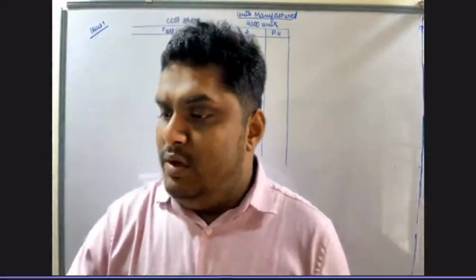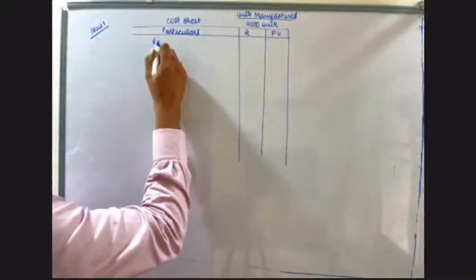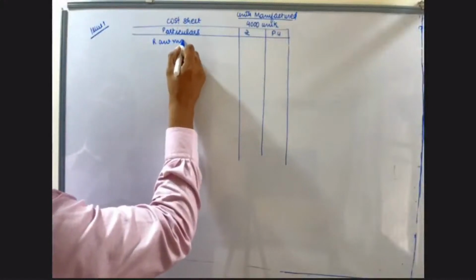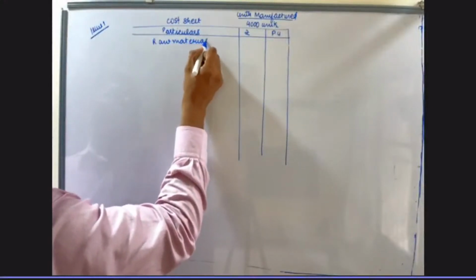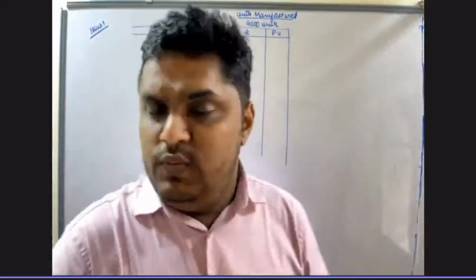So let's start with raw material. My raw material cost is 1,80,000.